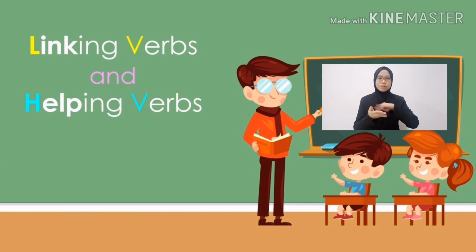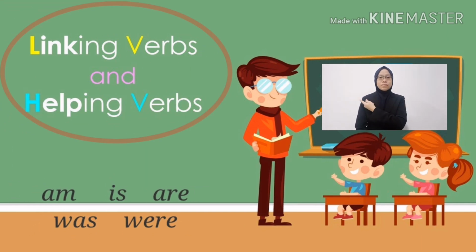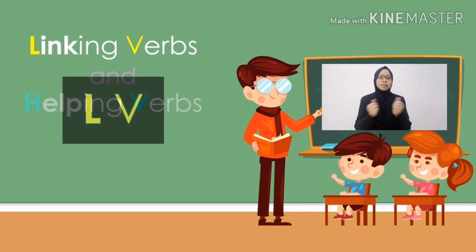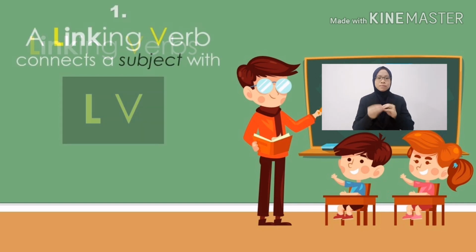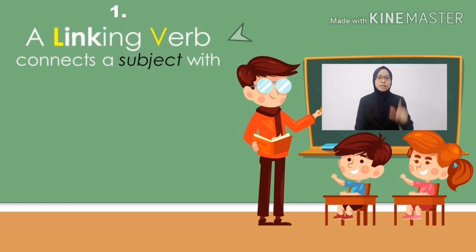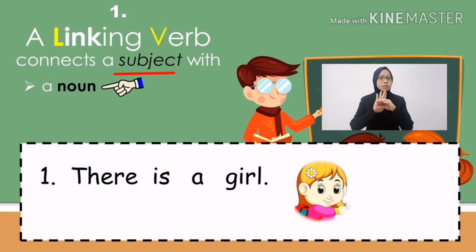Now that you are aware of the overview, let's begin with the first characteristic of linking verbs. Number 1, a linking verb connects a subject with a noun. For instance, there is a girl.